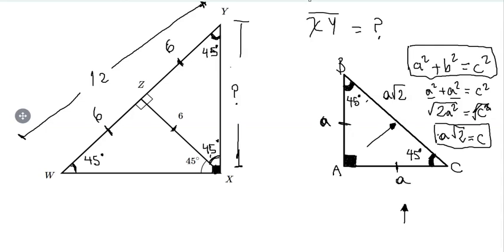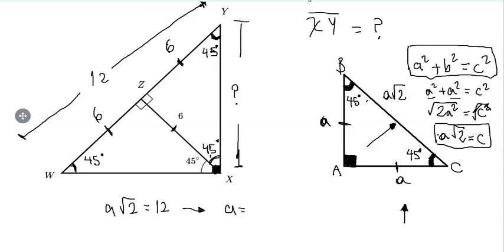So then you can say that XY is like an a, and you have the WY is like a square root of 2, like the hypotenuse. So if you have a square root of 2 equals 12, right? Then we're going to solve for a, because we want to know the side, which is a.